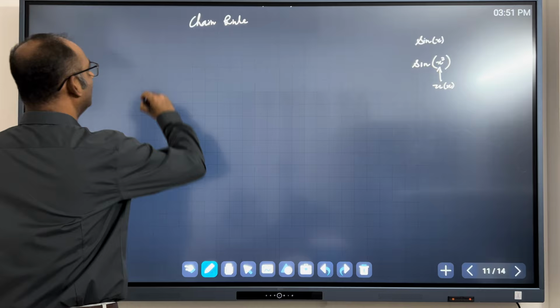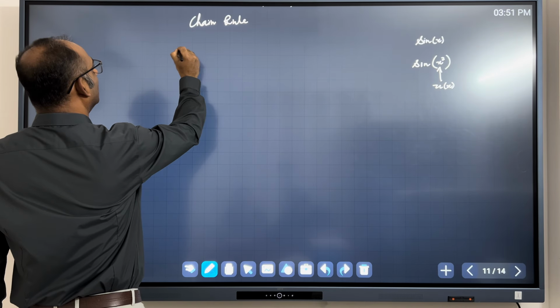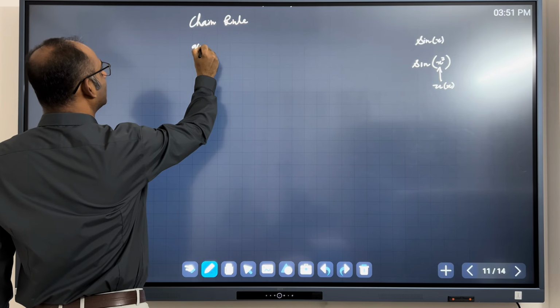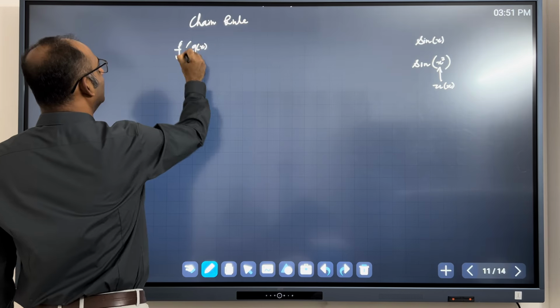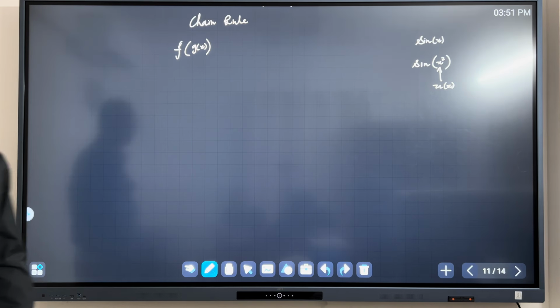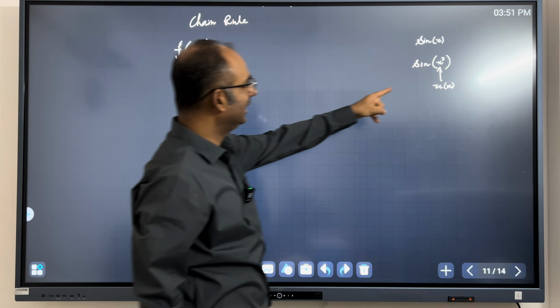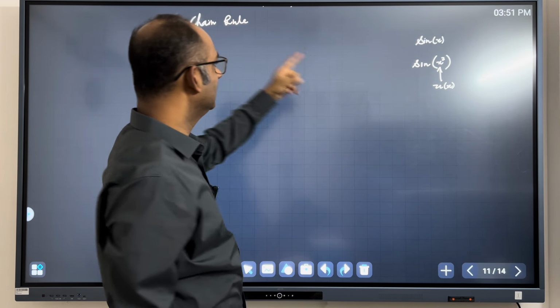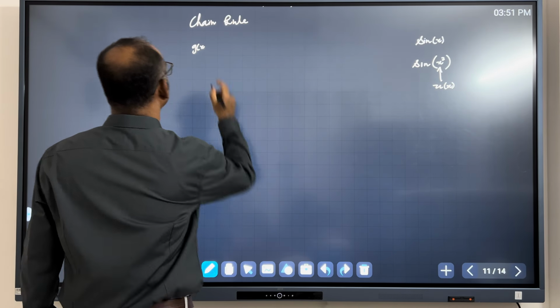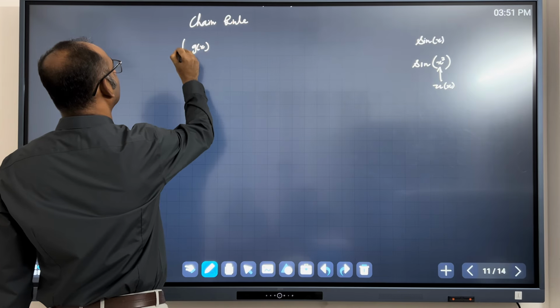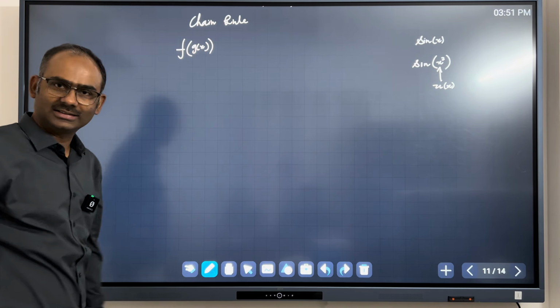So in general you will have this. A function g of x, okay, and there's another function f which takes g as the argument, right? So in this case g is x square and f is sine. Okay, that's a composite function.